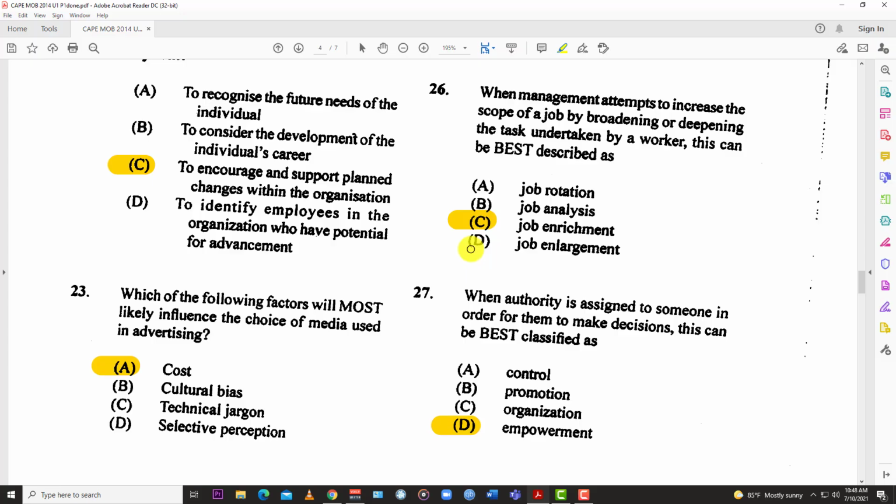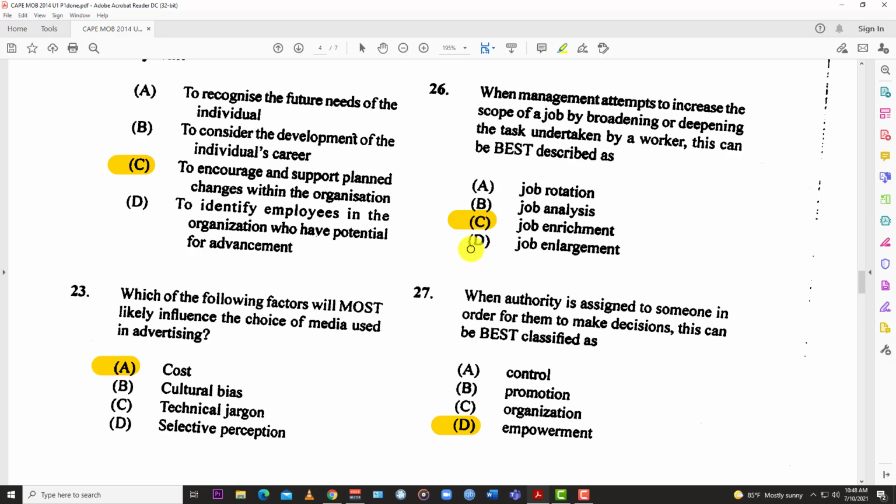26. When management attempts to increase the scope of a job by broadening or deepening a task undertaken by a worker, this can best be described as, again, this is a repeat from 2013. But the difference here is that in 2013, they did not have the option of job enlargement.